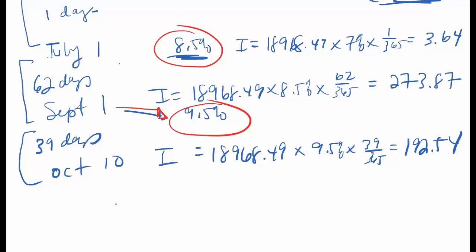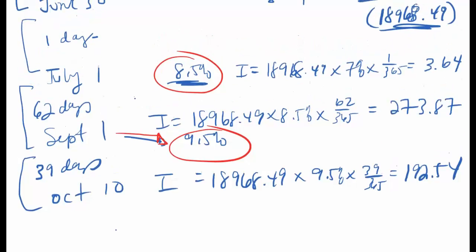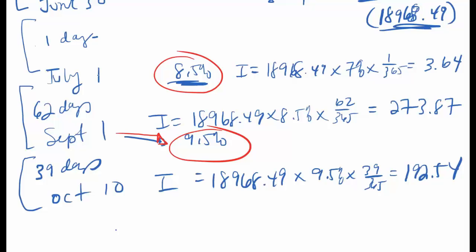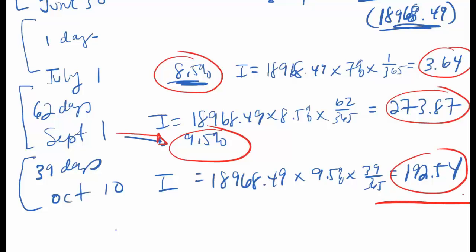So what's happened is no payments have been made since the last payment of $800 on June 30th, but I know there have been several interest rate changes. So once there's interest rate changes, you have to stop and compute. So the amount of interest that's built up in total is going to be the sum of all these three.